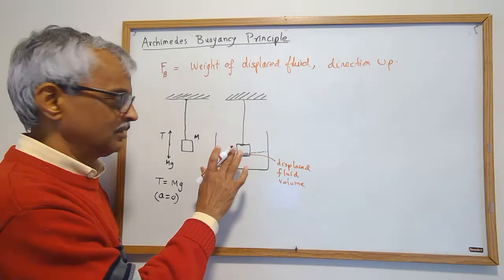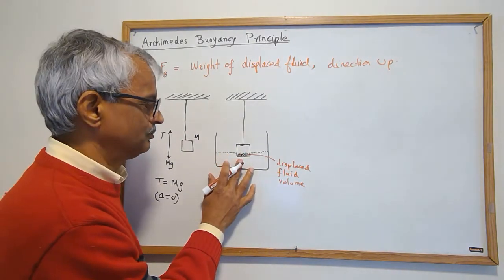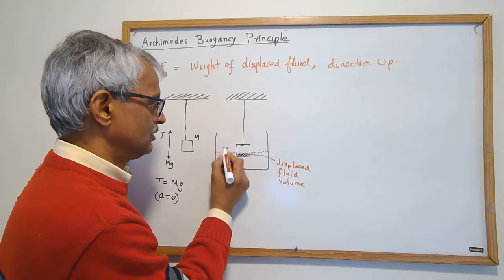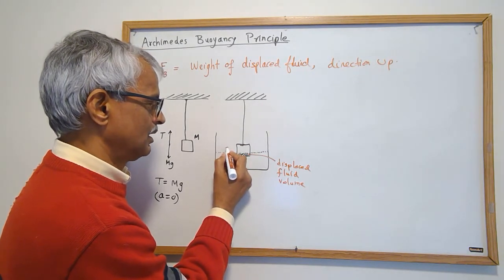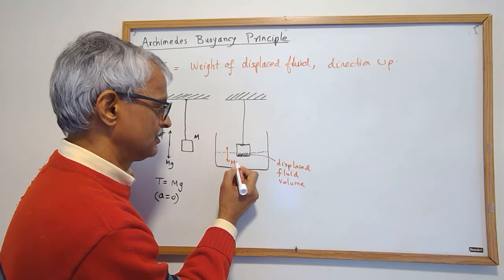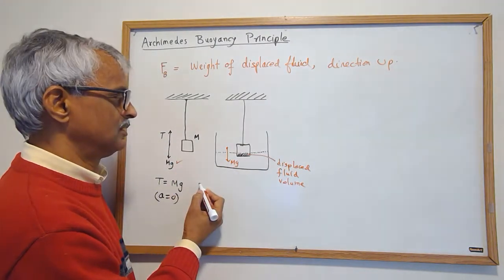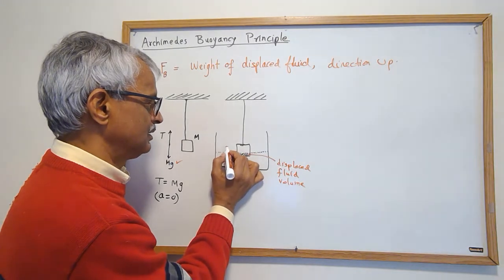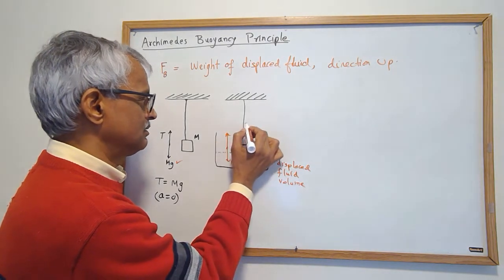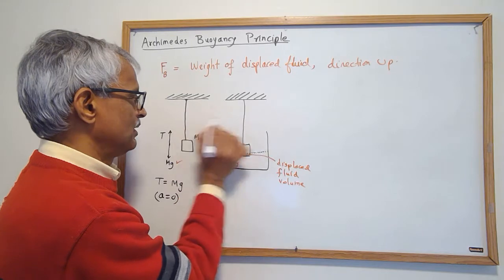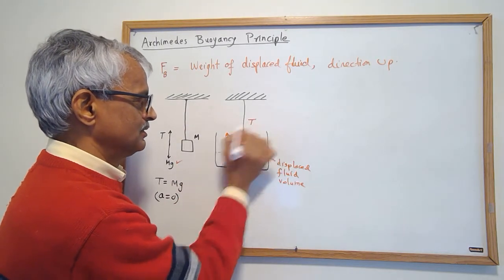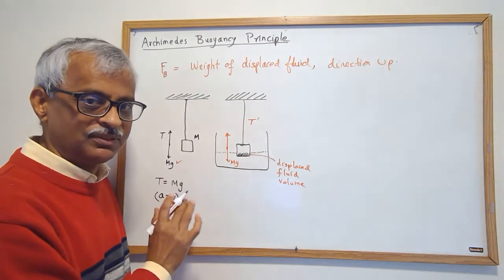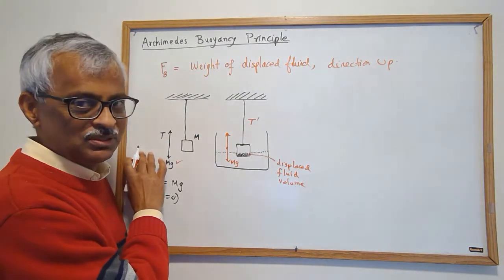So right now, when we look at the forces on the block, you have mg, same as before, but in addition let's call the tension in this case tension prime, just in case the magnitude is different, so I don't get confused with the old symbol.